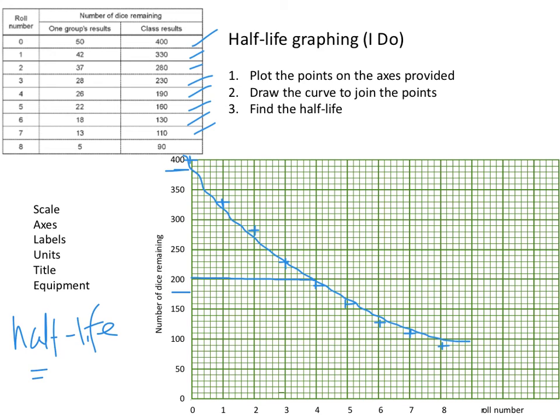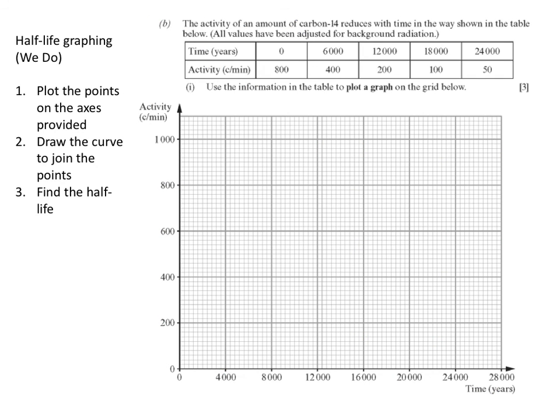Meet the line and then drop down. And I can see it's around about 3.9. On your graph it might be slightly different because of the errors in my curve. 3.9 rolls.